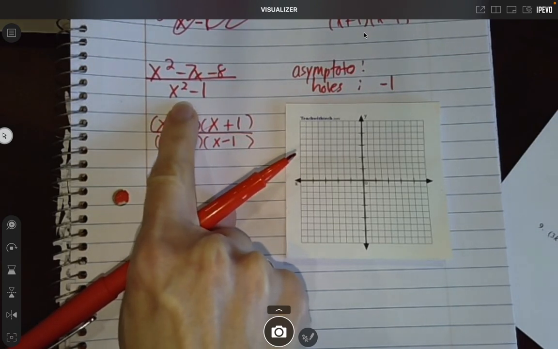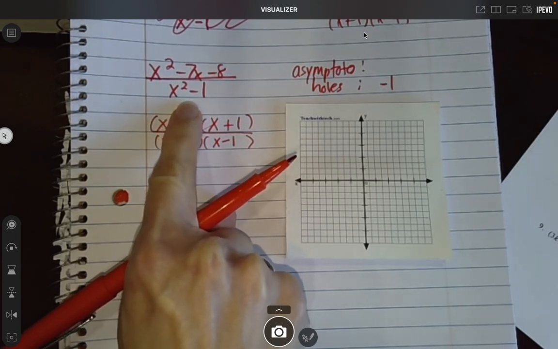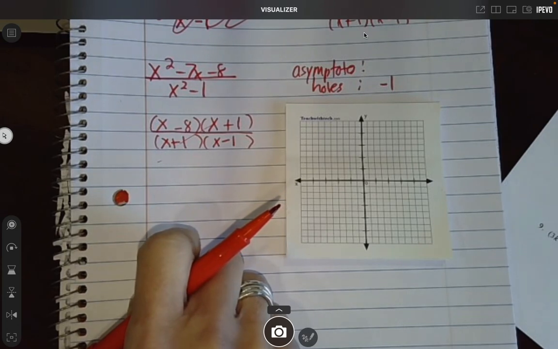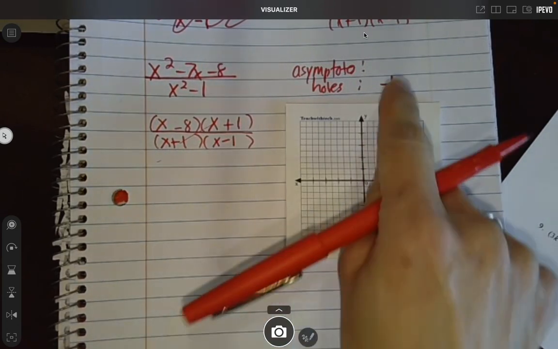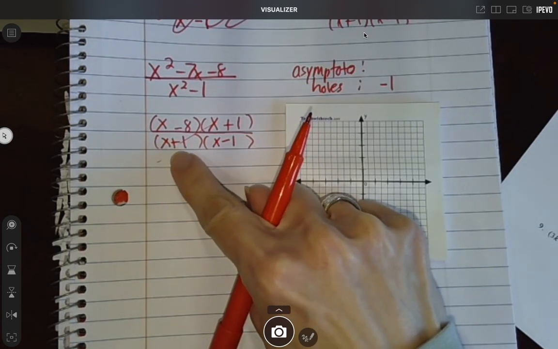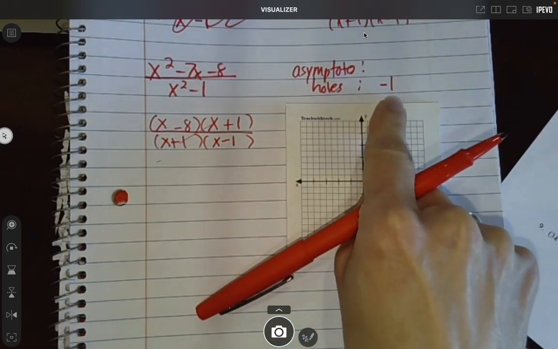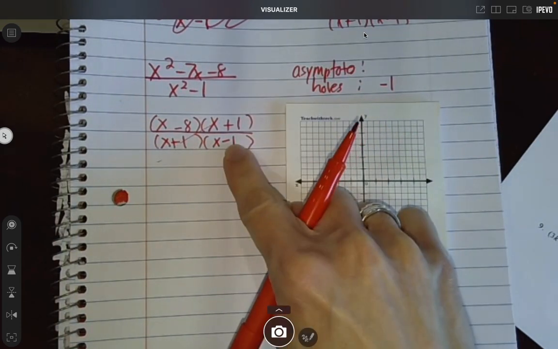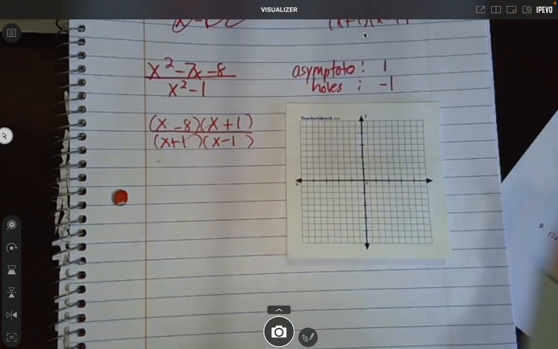It's always x plus 1, x minus 1. So there's a hole, and what's your point of discontinuity? Negative 1. So I wrote my hole down. Then the asymptote, what's it going to be? A positive 1. So I'm just going to write those down for myself.